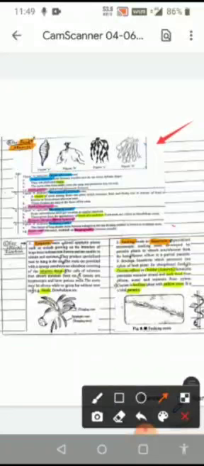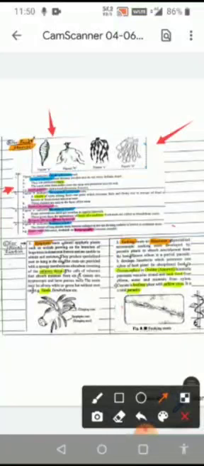So first one, this figure A, it shows simple tuberous root. Simple tuberous roots become mostly swollen and do not show a definite shape. They are produced mostly singly, and the roots arise from nodes of the stem and penetrate into soil.